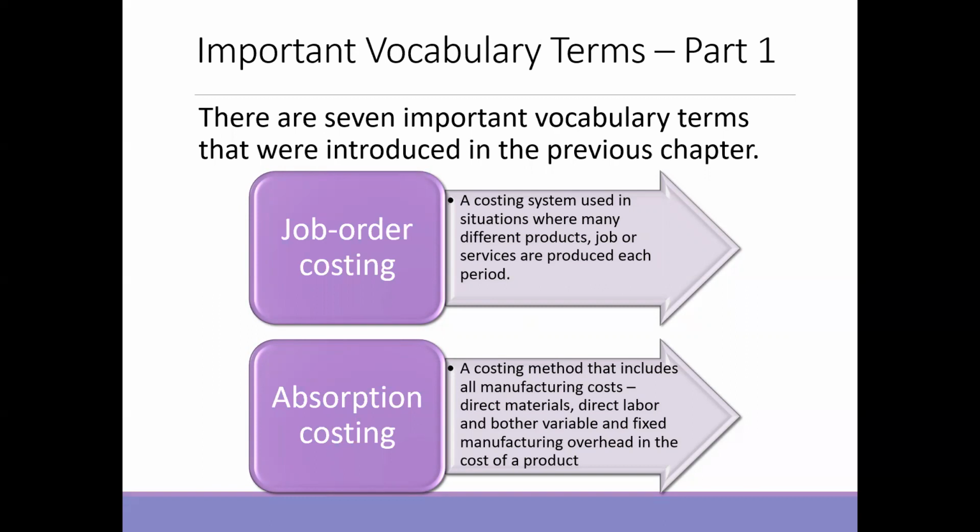Absorption costing is a costing method that includes all manufacturing cost, direct materials, direct labor, and both variable and fixed manufacturing overhead in the cost of a product.